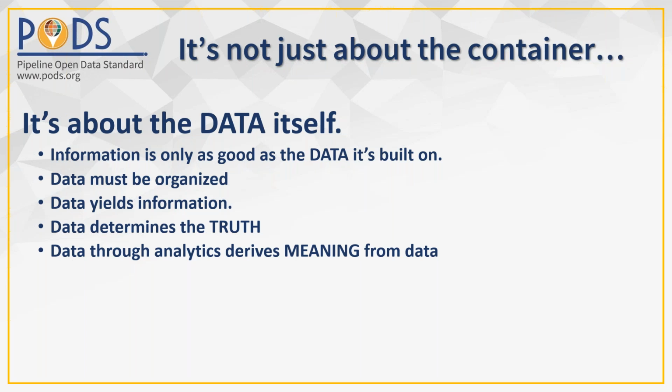Maybe you'll see relationships you didn't see before. Maybe you can optimize the performance of your assets. Perhaps you can have greater reliance and credibility of your data so that you can make decisions off of it and feel good about those decisions that you make. So it's important then that data determine the truth, only if that data is based in truth, based on standards, governance, good data management practice, quality of the data.